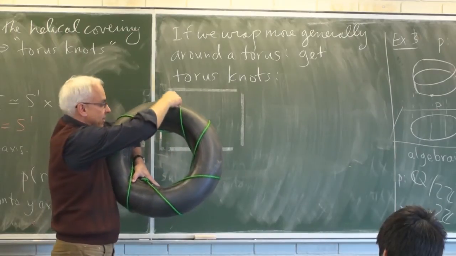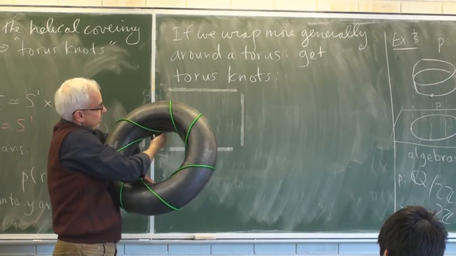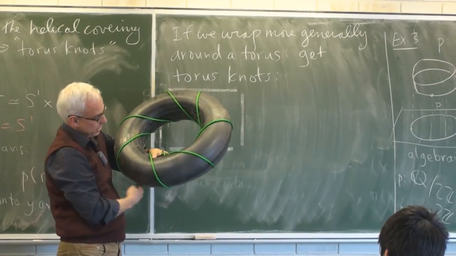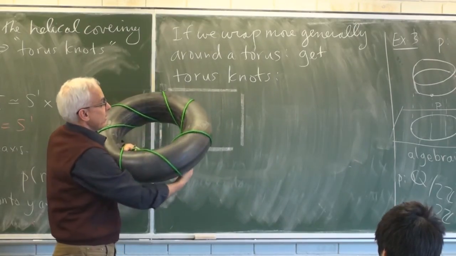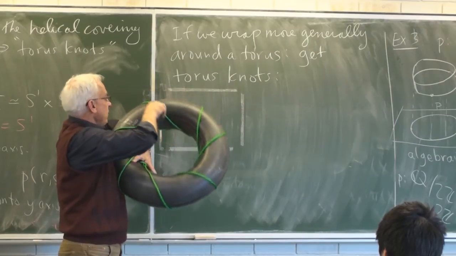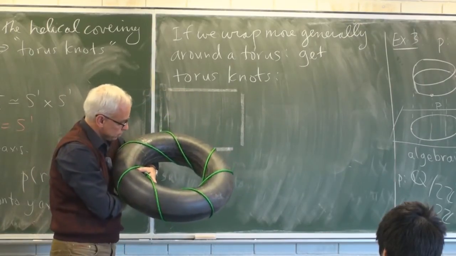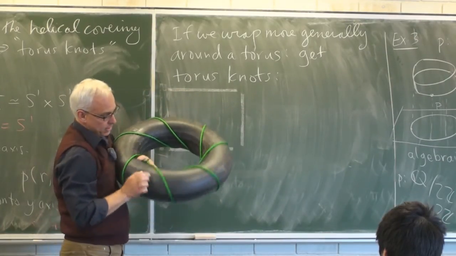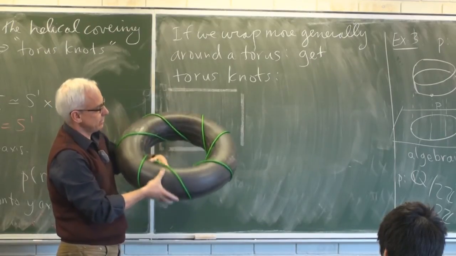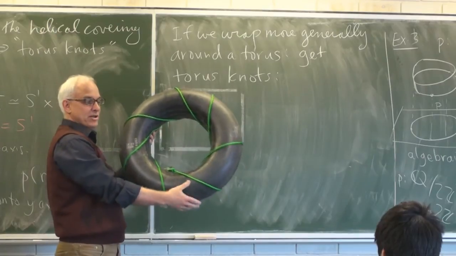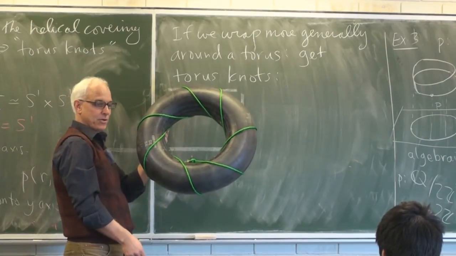and then it comes out here, and then over here, and then over here, and then over here, and then over here, and then through here, and back to where we started, I think. It's all one continuous curve, I can assure you.